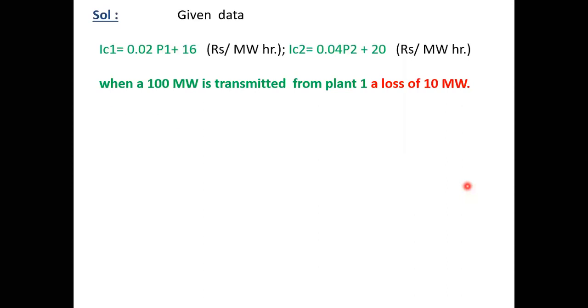This is very, very important. And the total load is 260 megawatts. So we need to find P1 and P2, and along with this, L1 and L2, which are nothing but the penalty factors.